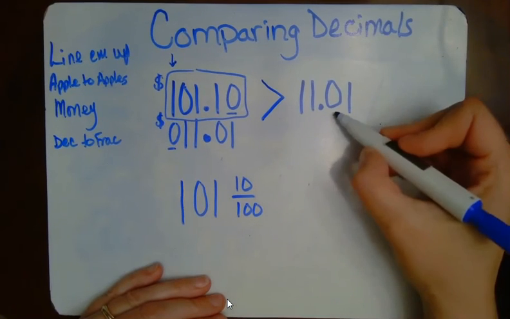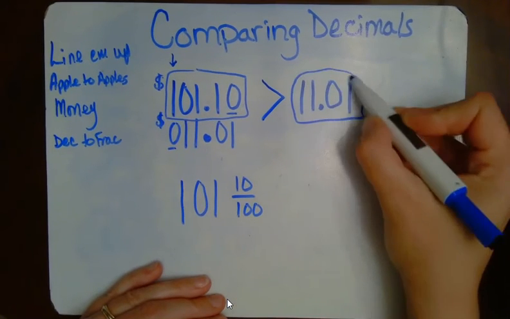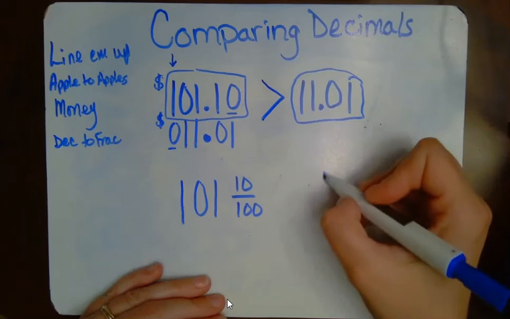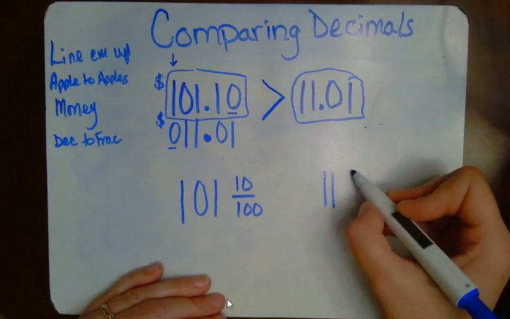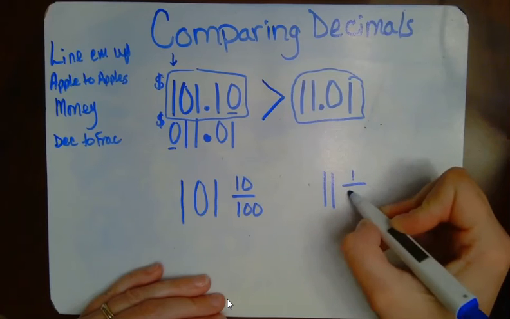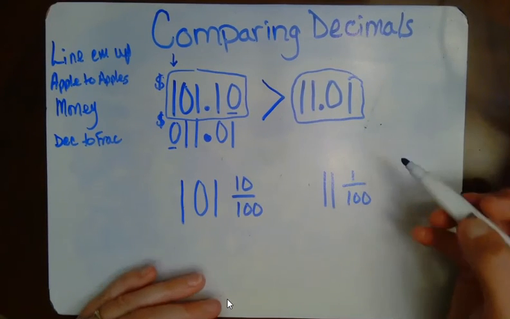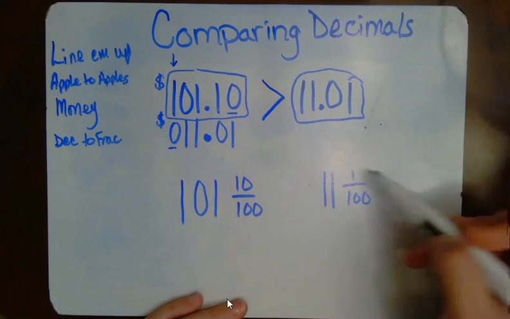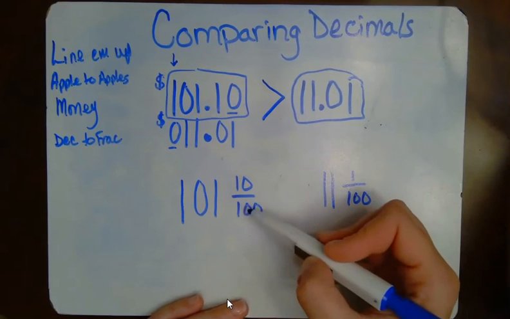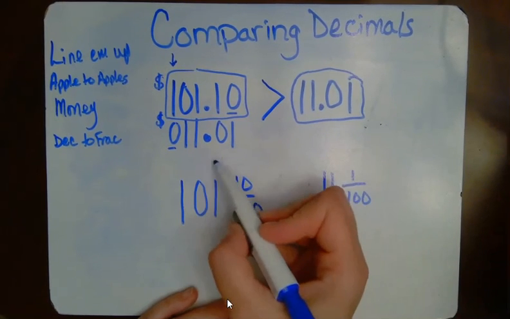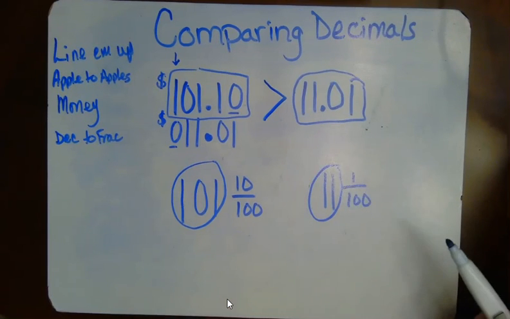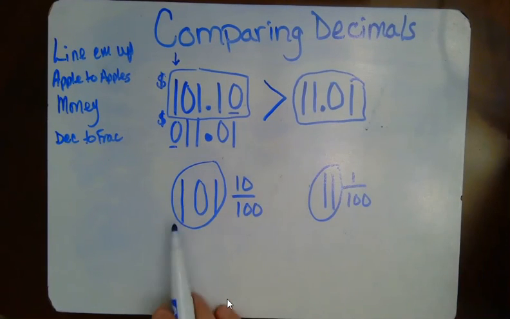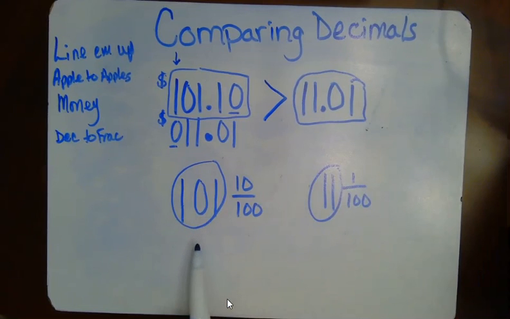And then if we were to write this decimal as a fraction, I have 11 and I'm making a mixed number, 1 hundredth. Now right away, even just looking at my hundredths, I can see that my hundredths here is greater, but always compare your whole number first. Think about it as cake. I've got 101 whole cakes here, and I only have 11 here.